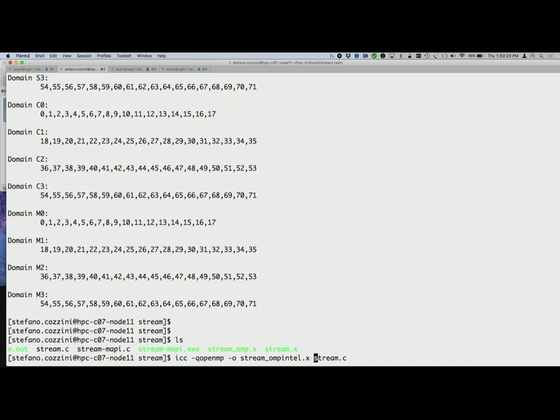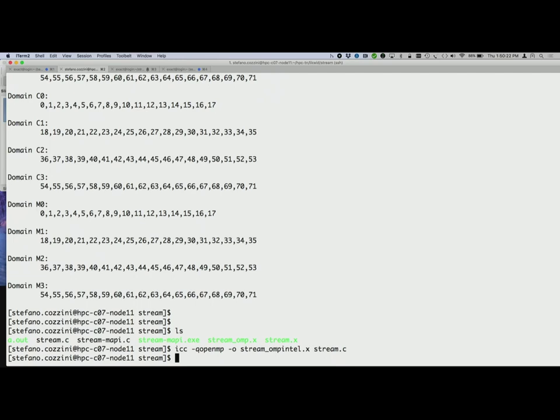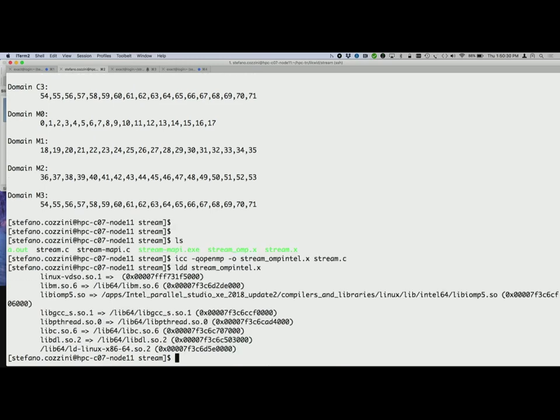Okay, I'm compiling with Intel. So if I do an ldd of stream OMP Intel, I see that this is an OpenMP program, because it needs this library, and also needs the libpthreads library.